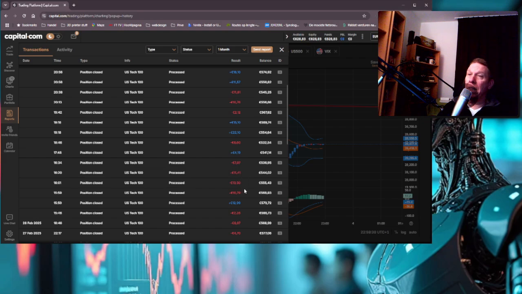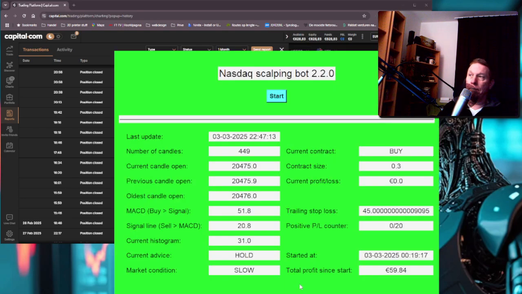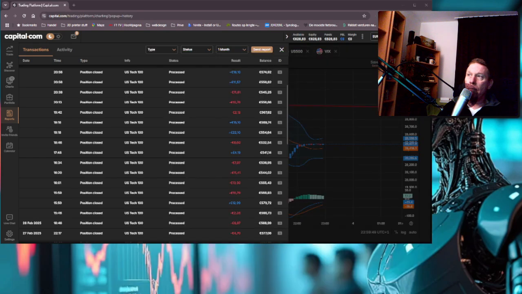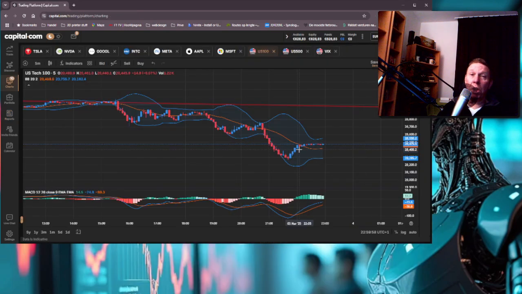And too large means that the stop loss is triggered too late, which means, if I go back to the bot, that the trailing stop loss of 45 is too much. It should be lower. I watched the last couple of trades that the bot was open, especially the last one, as in what 45 points means.